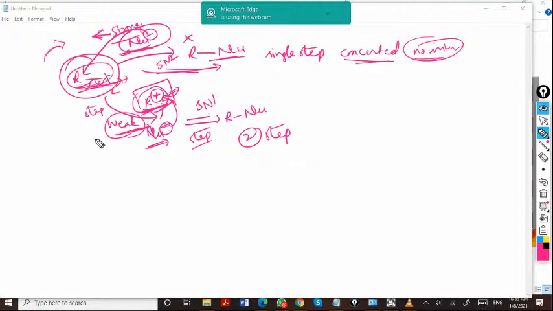The leaving of the leaving group is the slowest step in this reaction, so it is called the rate determining step.